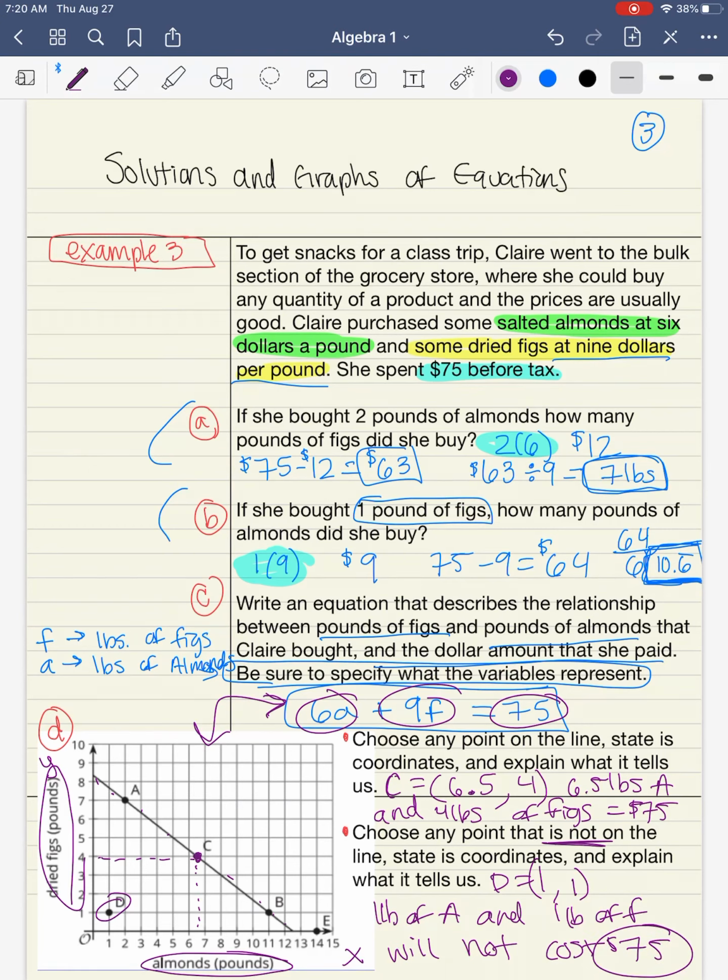So just understanding that the entire part of this, if it's on this line, represents all the pieces here. So mentioning that it's pounds of almonds and pounds of figs and totaling a cost. So always including the cost in your explanation.